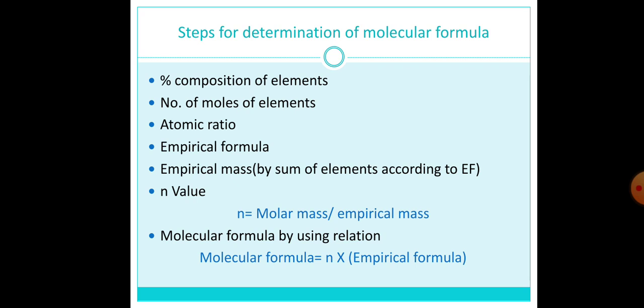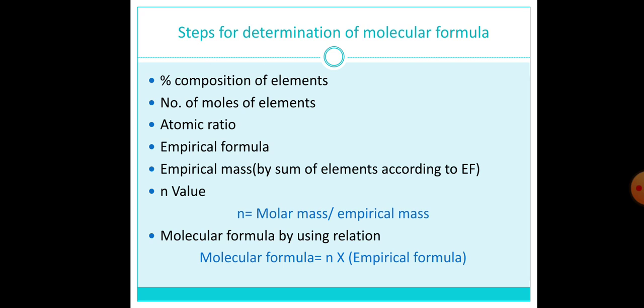When we come to know the empirical formula, then we can calculate the molecular formula, if we know the n value. And how do we come to know the n value? We find the n value if we divide the molar mass by the empirical mass. Molar mass is determined by the vapor density method; it is an experimental mass.